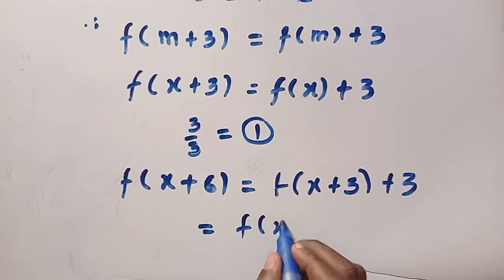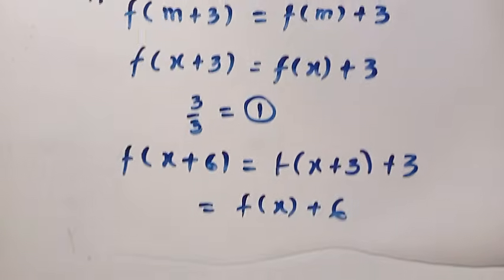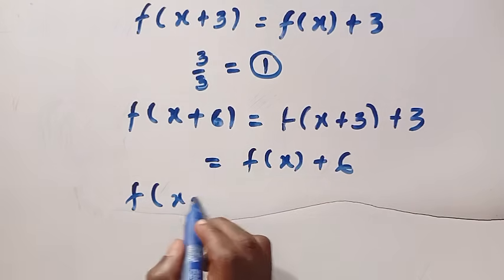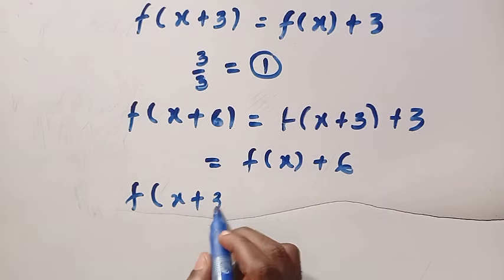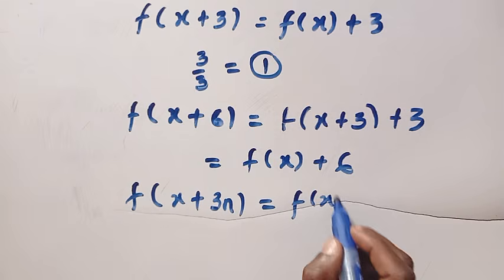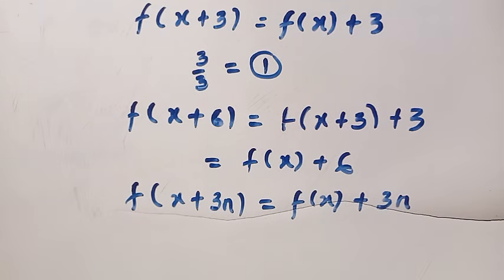That gives us f(x) + 6. If we keep going, the next one will be f(x) + 9. In general, since we have multiples of 3, we have f(x + 3n) = f(x) + 3n. This is the general way of writing this.